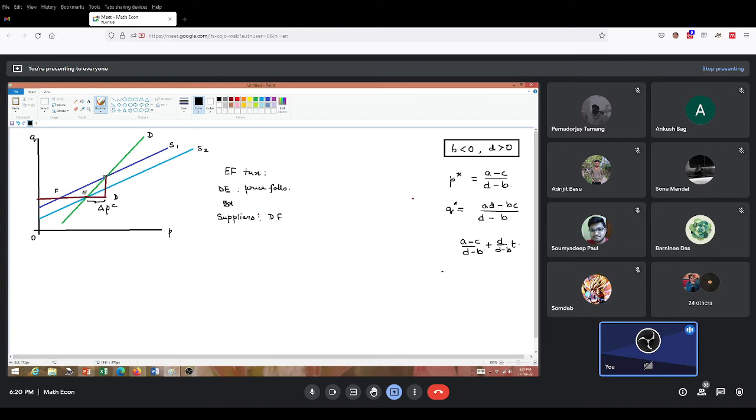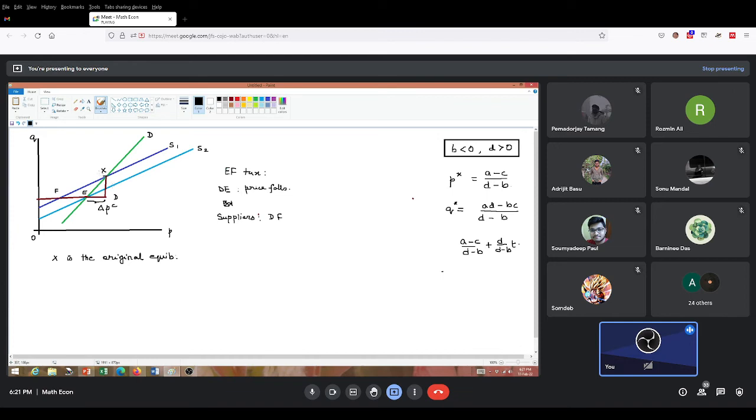Okay, so this is the original price. This point, I'm labeling this X. X is the original equilibrium, where you have the demand and supply curve.